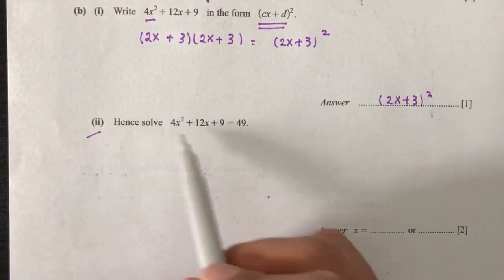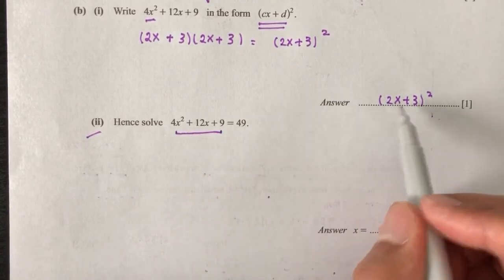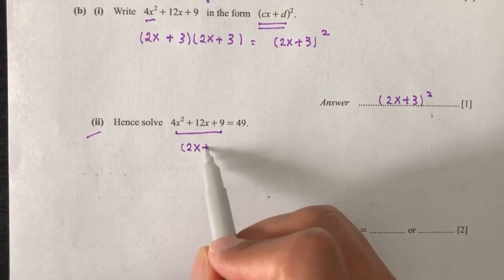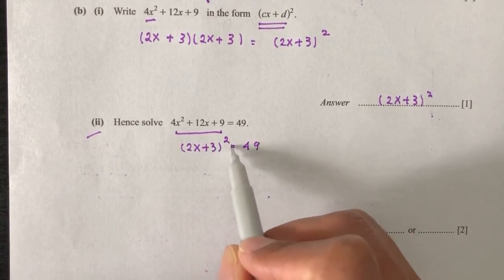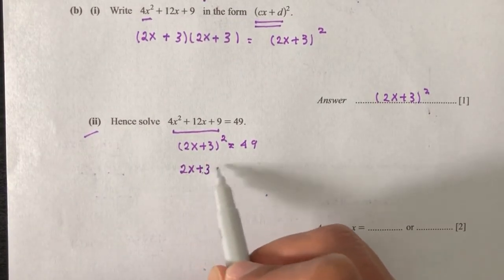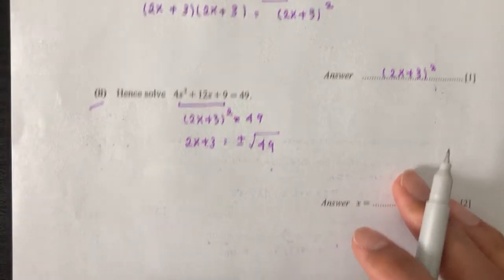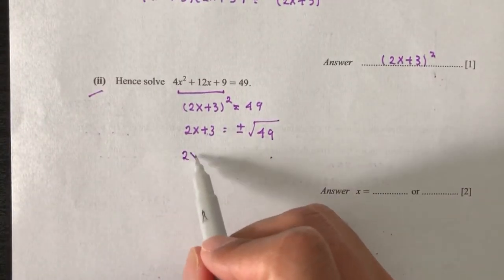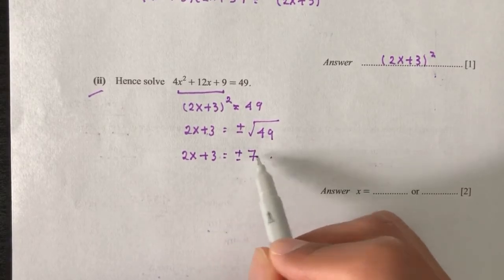Now for part 2, hence solve this equation. So this will be this, which is 2x plus 3 power 2 equal to 49. So we have 2x plus 3 is equal to plus minus square root of 49. Now if you simplify, 2x plus 3 equal to plus minus 7.